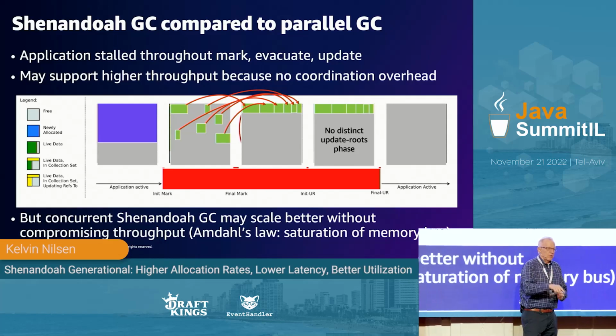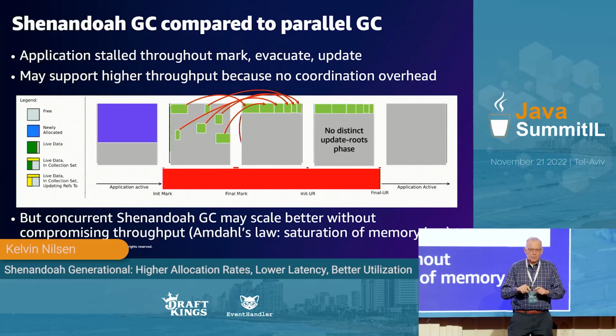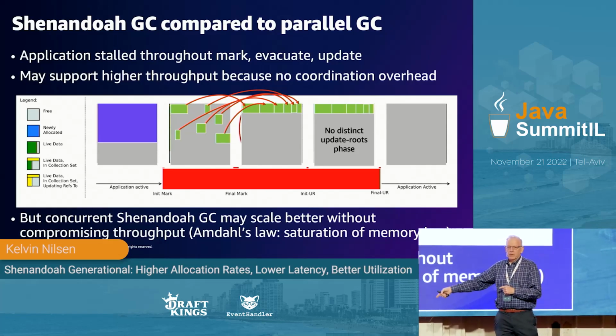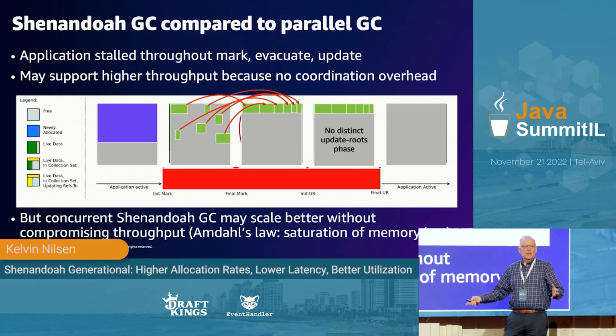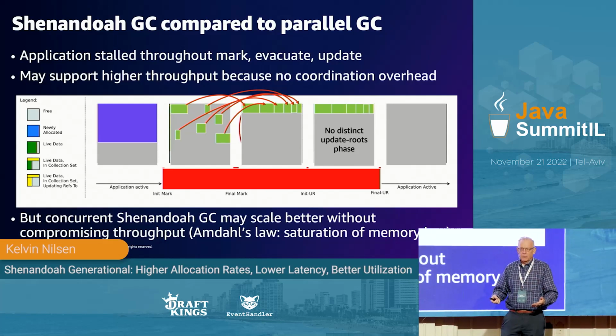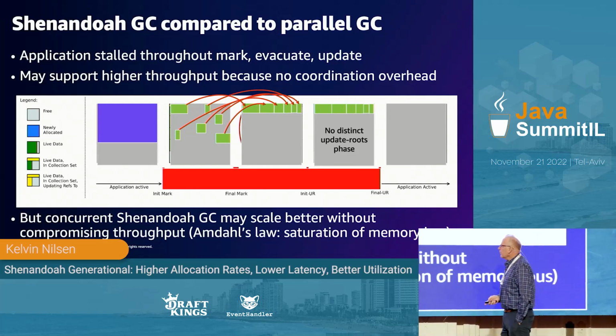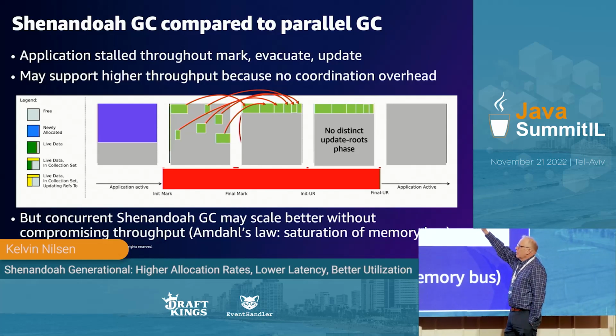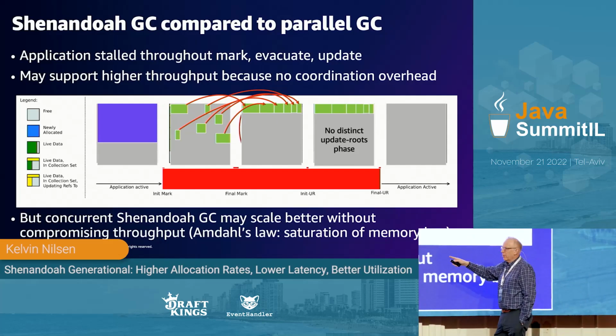Every time the mutator changes the object, it executes a barrier to leave some breadcrumbs so that the garbage collector can figure out what just happened to the reachability graph. So on the one hand, parallel runs faster because it doesn't need the barriers.